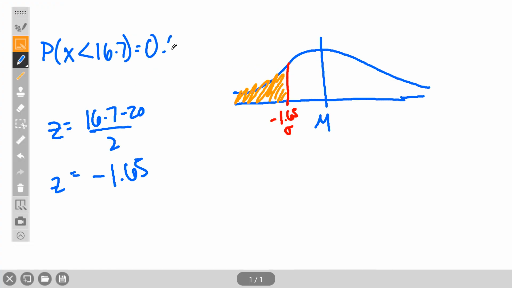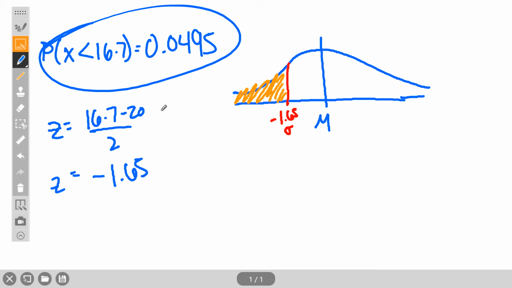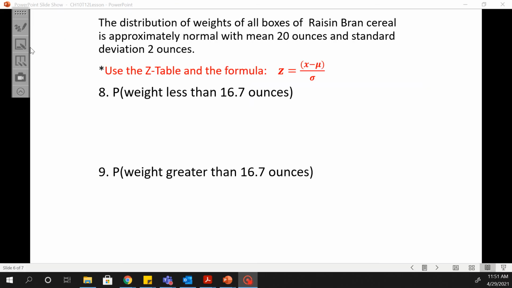So that's almost a 5% probability, or a 5% chance that a given box has less than 16.7 ounces in it. Okay, so not very high. Not very high at all.